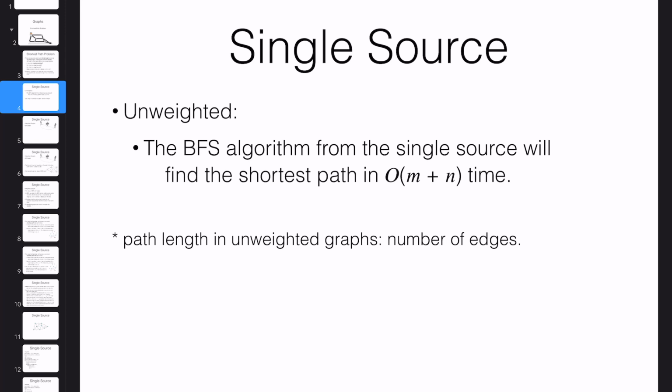So the first type of shortest path problem that we have is over unweighted graphs and a single source problem. You are going to find the shortest path from a node to all other nodes in a connected graph which is unweighted.